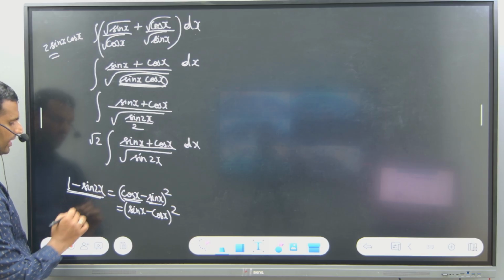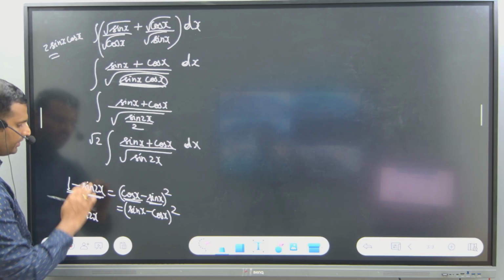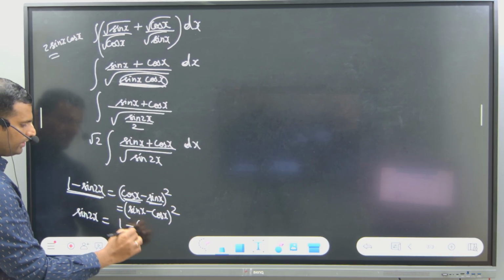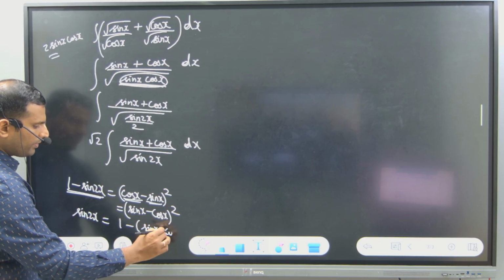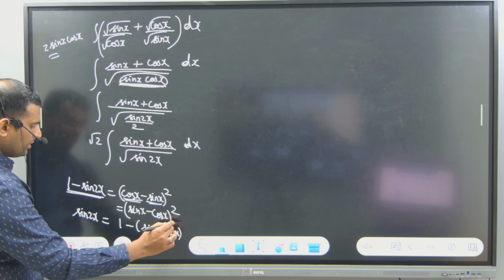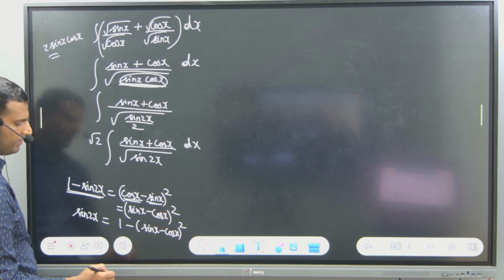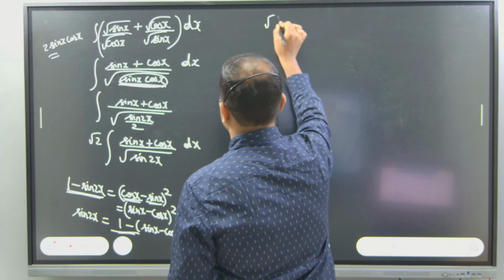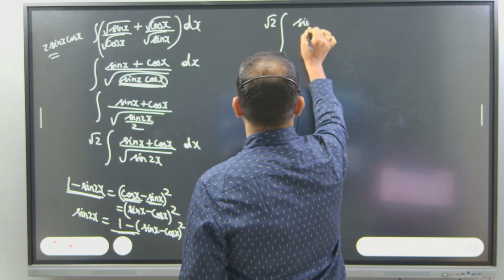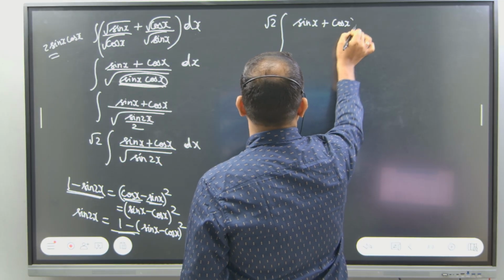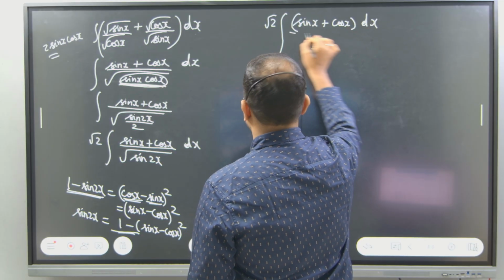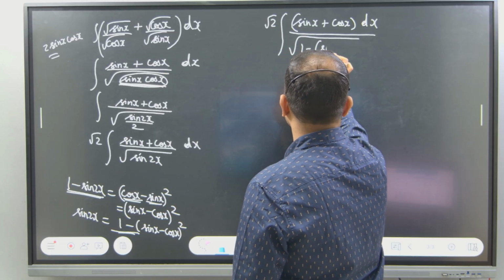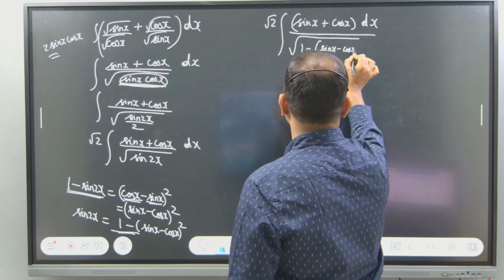So I will write 1 minus sin 2x as this. What is sin 2x then? Transfer this to that side. Sin 2x is 1 minus sin x minus cos x whole square. Yes or no? So now you write that here. You will get root 2 into sin x plus cos x, divided by root of 1 minus sin x minus cos x whole square.